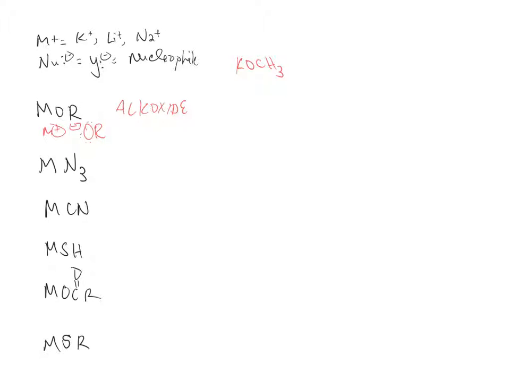Now, I wanted to do this because now I'm going to just do a generic reaction every time. So let's say that we started off with this. Or I'll go ahead, I'll give us an example. Let's say we have that potassium methoxide plus, and now we're going to start using halogens instead of alcohols, because the alcohol itself is not a great leaving group, whereas a halogen is.